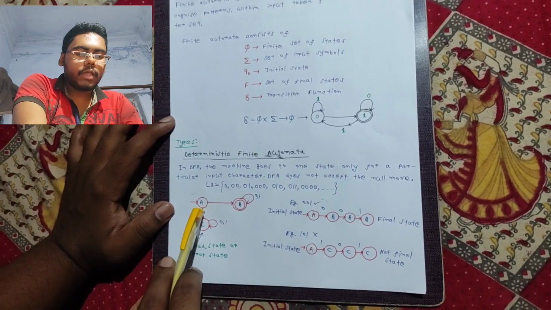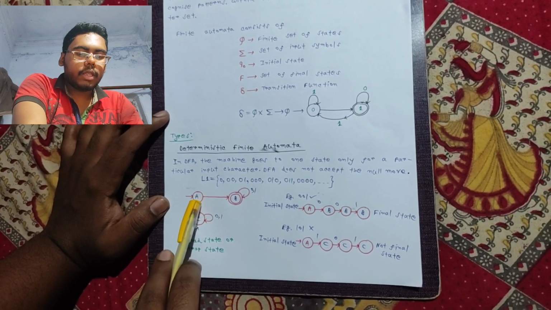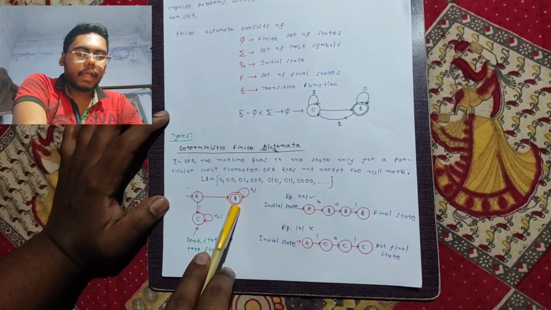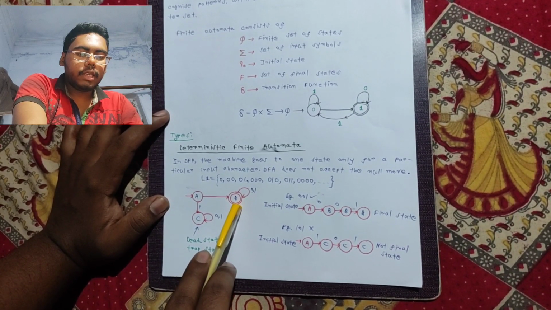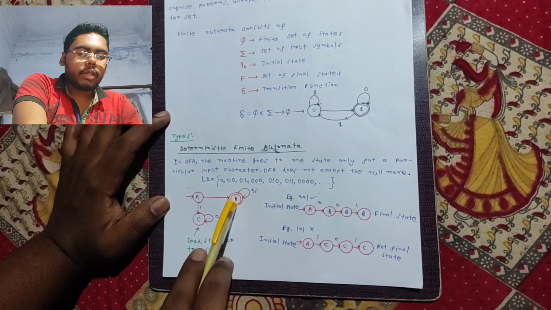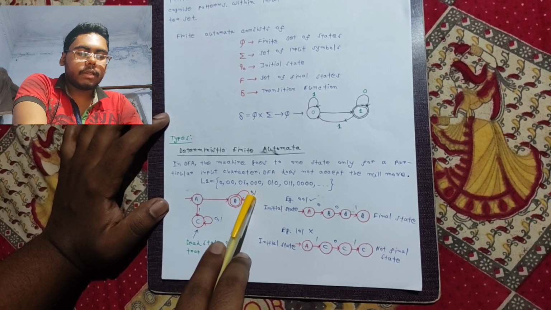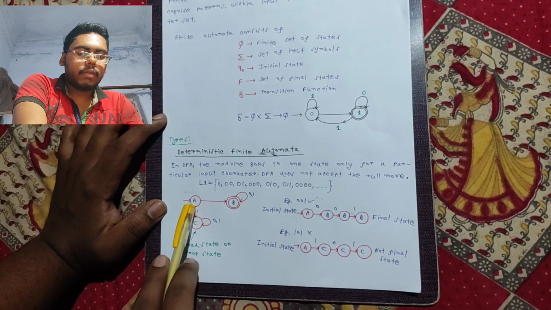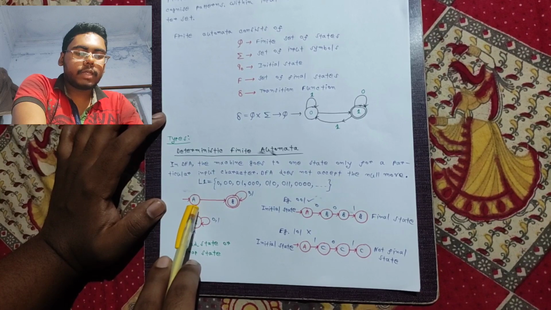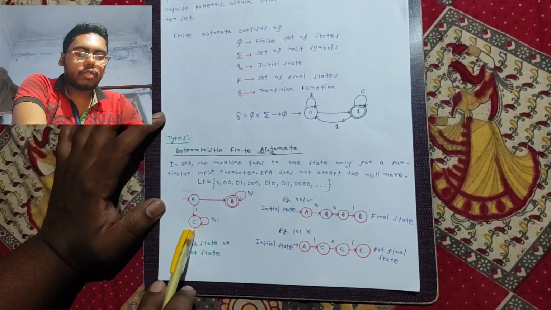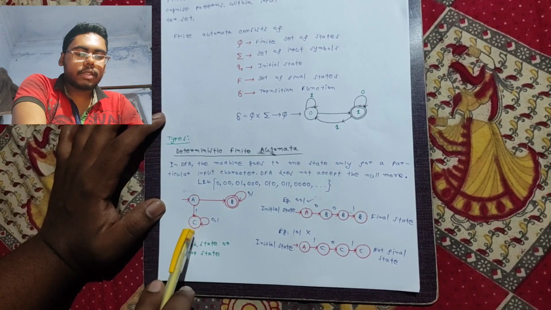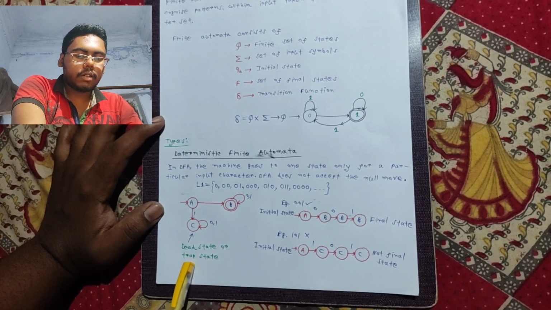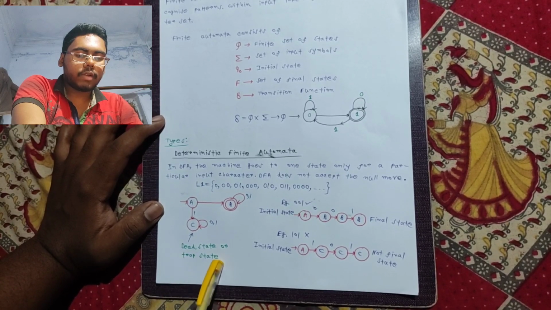If in A we give 0, then it goes to the final state B, and after reaching B, if we give 1, then it creates a self loop and remains in the final state B. But if we give 1 in the initial state A, then it goes to another state called C. Here C is the dead state, also called the trap state.